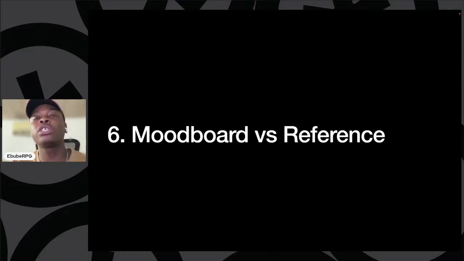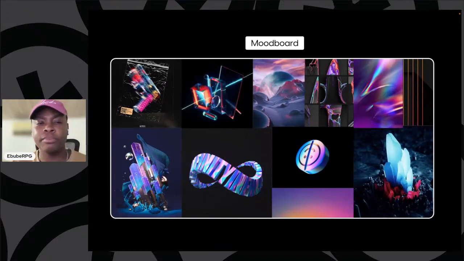However, a reference board is more like a collection of images that you would want to reference for a particular part of it, not necessarily the whole thing. So this is a very random mood board.